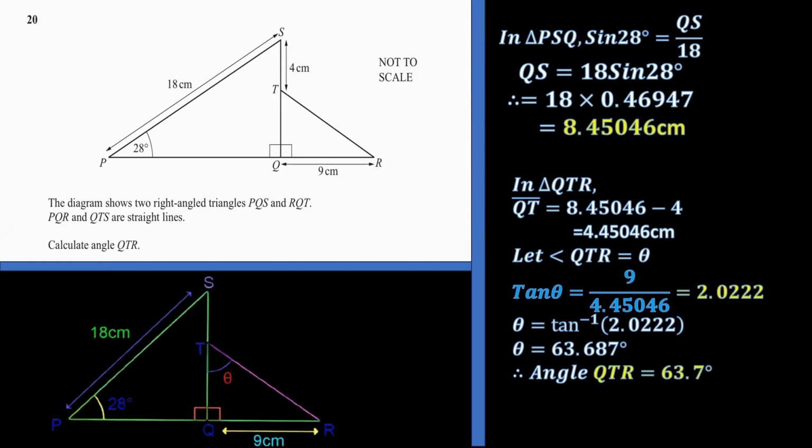We are to leave angle to one decimal place. The exam body instruction standard for the exam. For Cambridge exams, you leave the angle to one decimal place, and that's why we are bringing our angle now, angle QTR, to 63.7 degrees. And that is the final value. That's the angle we are looking for.